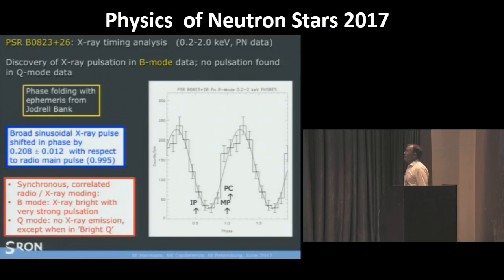And from this, I think it is exciting that we have indeed now synchronous and correlated radio X-ray moding. In the bright radio mode, we have X-ray brightness with very strong pulsation. In a Q mode, we have no X-ray emission, at least with our statistics, except when we are in this bright Q mode.